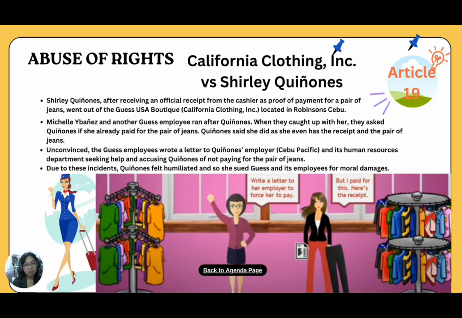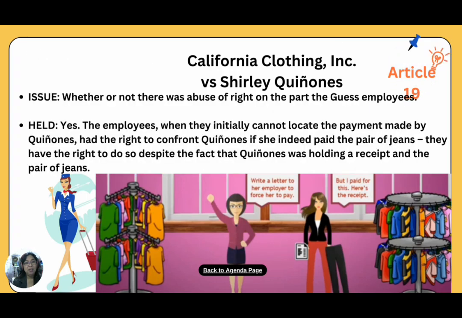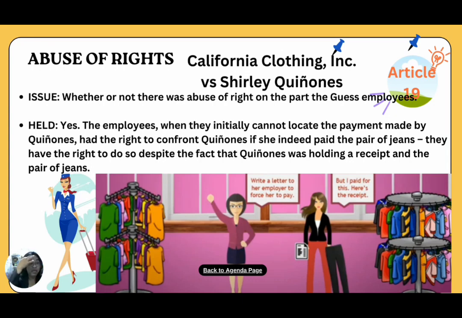So, the issue here is whether or not there was an abuse of rights on the part of the employees of Guess Boutique.